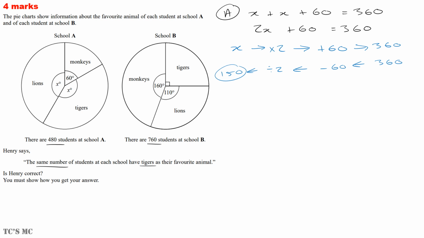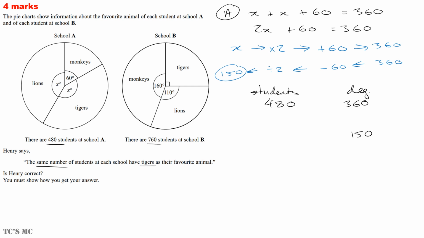Now I'm going to write down students and degrees as my 2 subheadings. We know there are 480 students in school A. We know that there are a total of 360 degrees in the pie chart. We also know that 150 degrees has been used for tigers.